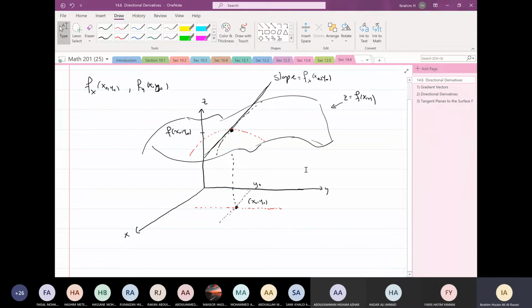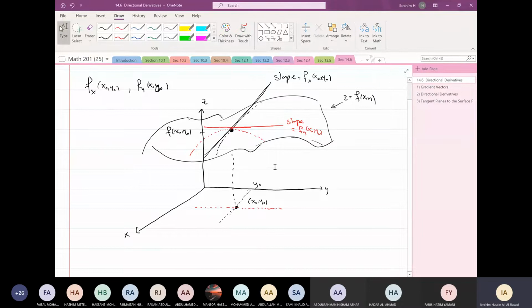To this curve, there is also a tangent. This is the tangent at x0, y0. What is the slope? Slope equals f sub y at x0, y0. So this is the geometric meaning of f sub x and f sub y.